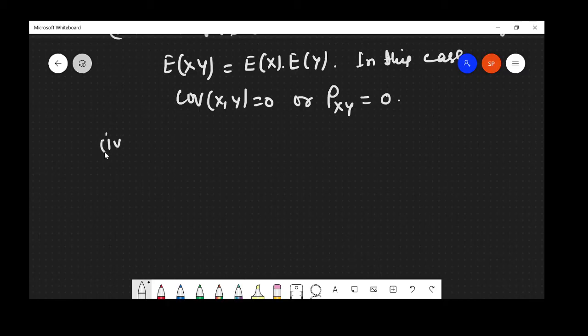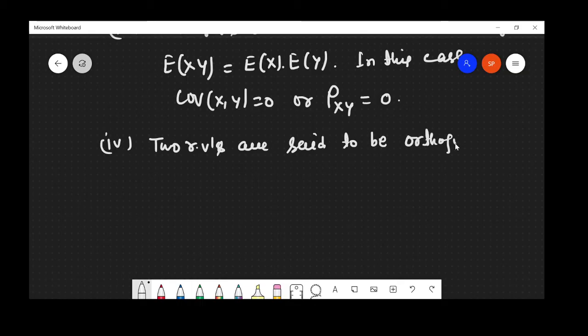Now the fourth: two random variables are said to be orthogonal if the expectation of the product xy is equal to 0.